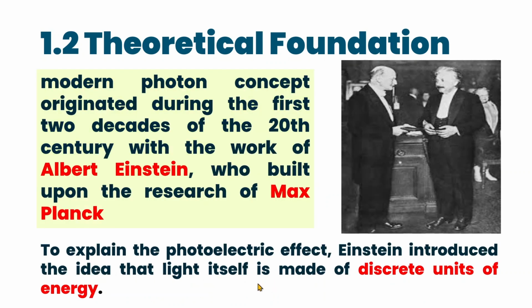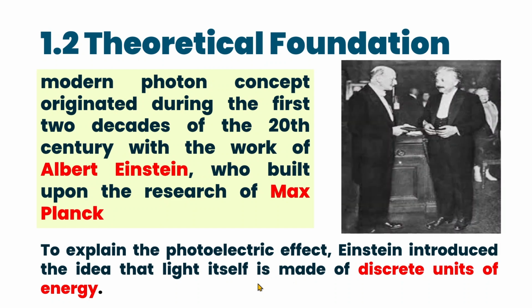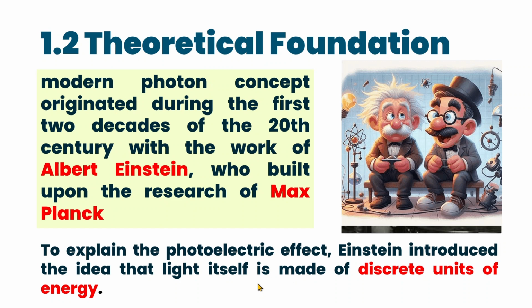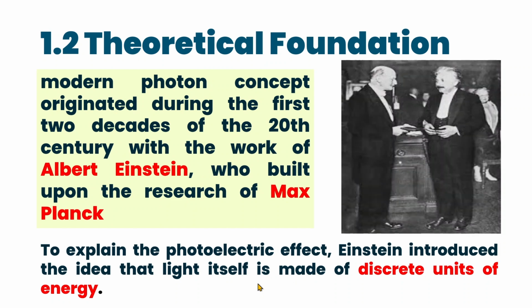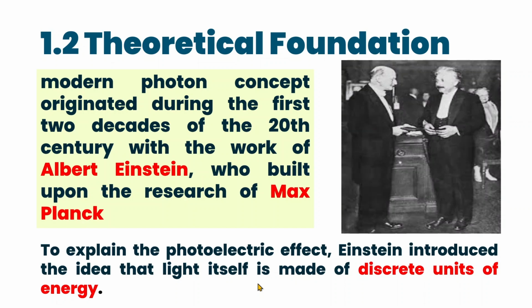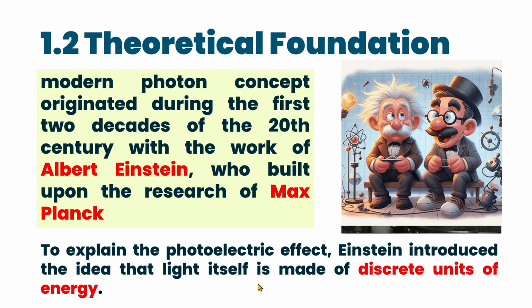The modern photon concept originated during the first two decades of the 20th century, starting with the work of Albert Einstein, who built upon the research of Max Planck. To explain the photoelectric effect, Einstein introduced the idea that light itself is made of discrete units of energy.